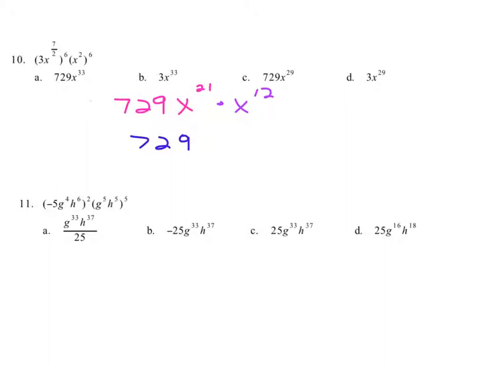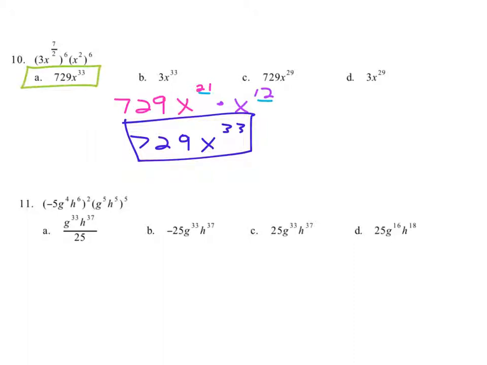We normally multiply the exponents together, but there's an exponent of 1 on x to the 12th. But then now if we're just straight up multiplying, we will add these two exponents together. 21 plus 12 is 33, and what we get there then is 729x to the 33rd, and of course that is A right there.